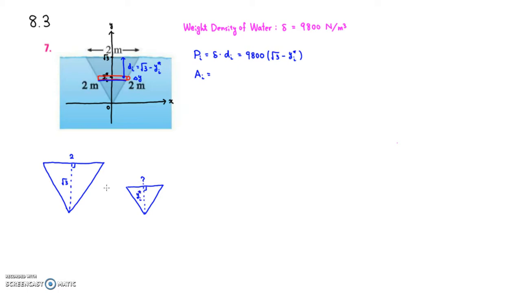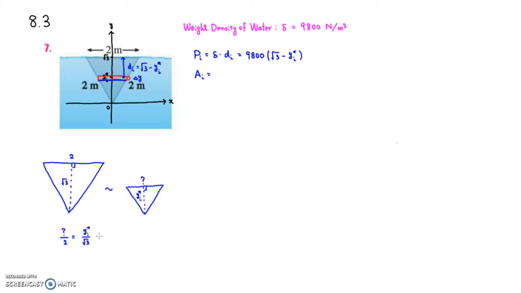Since these two are similar, because both of them are equilateral triangles, the ratio of the question mark to 2 has to be exactly equal to the height of the smaller triangle to the height of the larger triangle.